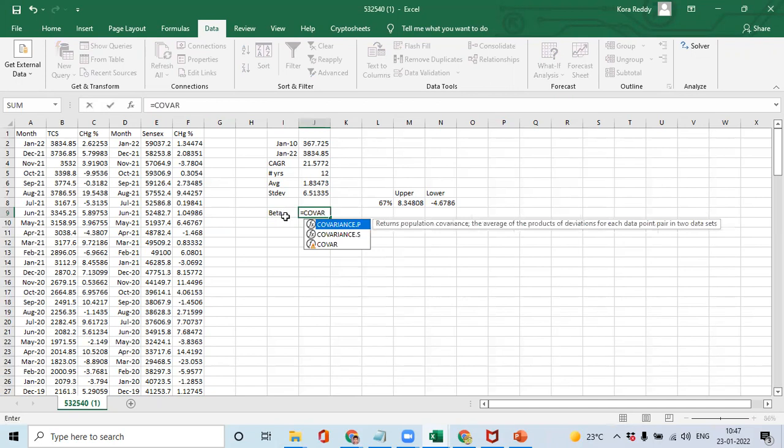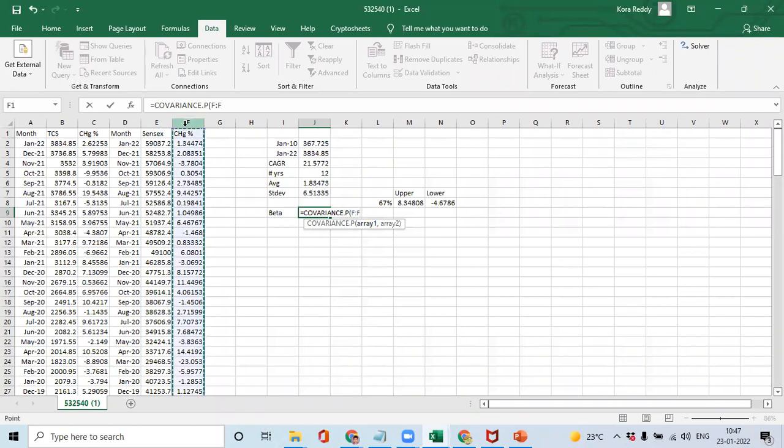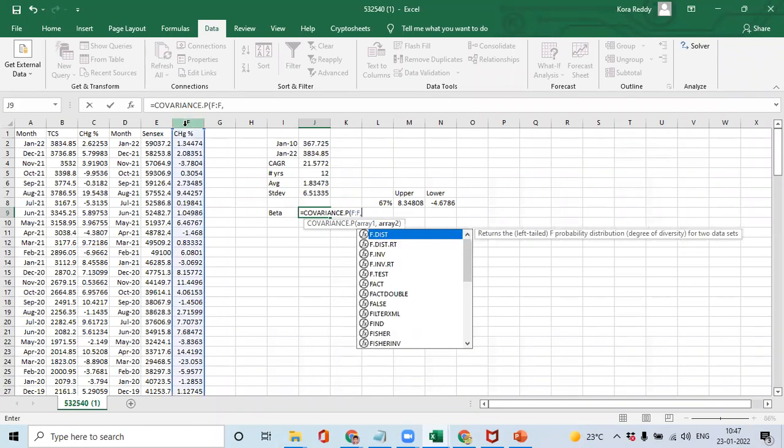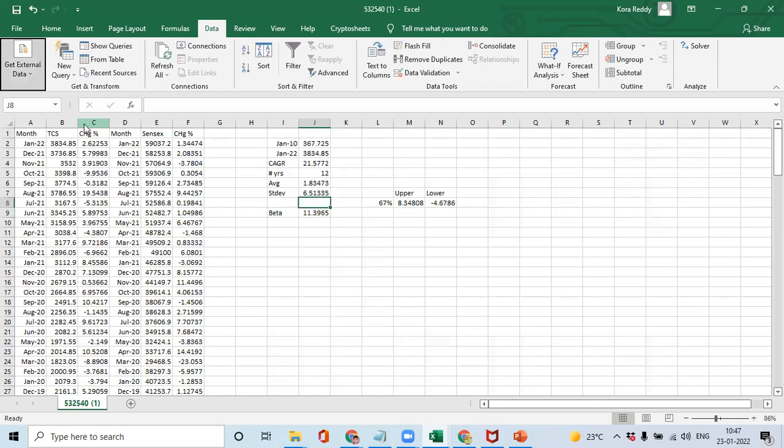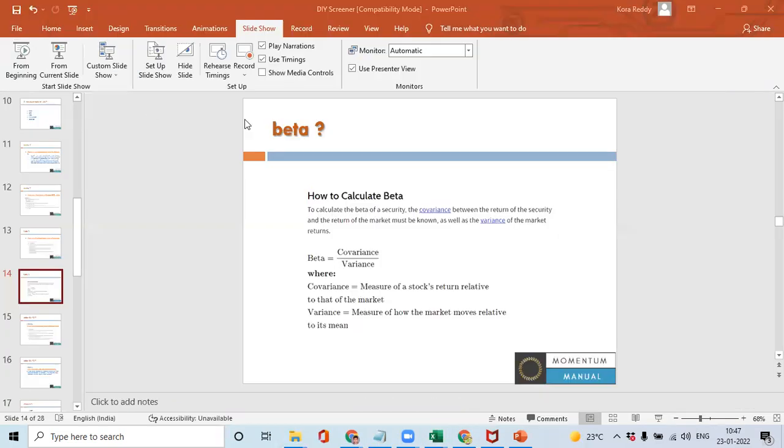Covariance of the market and the underlying. That's your covariance, divided by variance, which measures how the market moves relative to its mean.